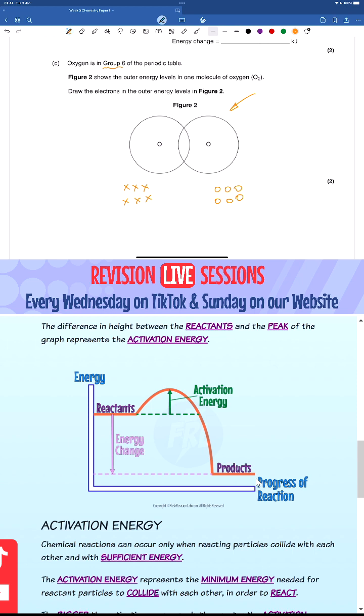So think about on the left hand side, we've got 6 electrons. How many does it need? It needs 2 to get a full outer shell. So what it does is it borrows 2 or shares 2 from this oxygen. So let's put those in the middle. 1, 2 circles in the middle.